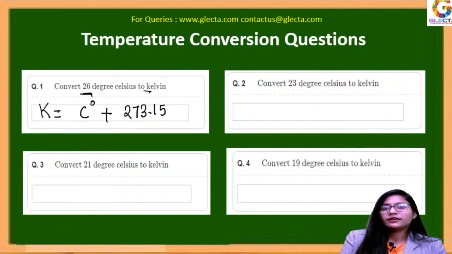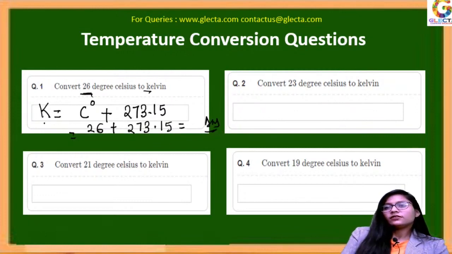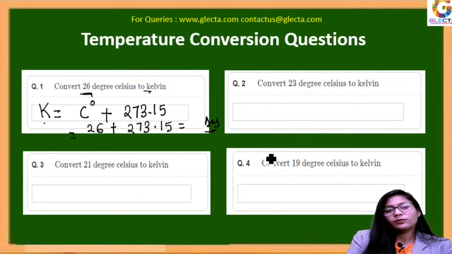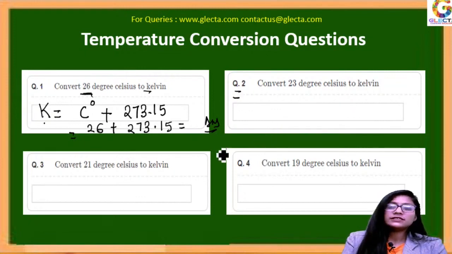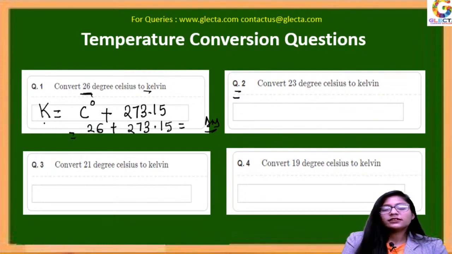Here you just write K, K means Kelvin. For this question, you can easily write 26 plus 273.15 and you will get your answer. The remaining questions you have to solve at home and find these answers. Okay, now let's move on.